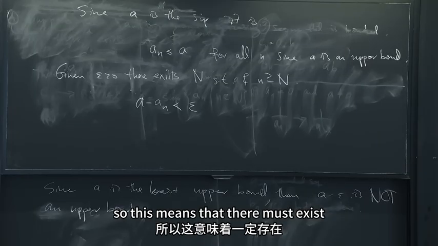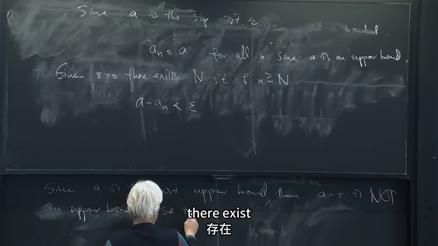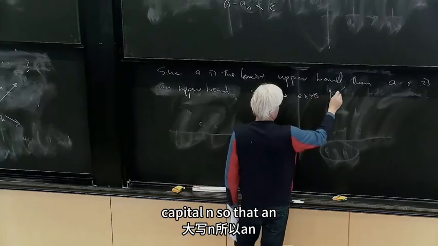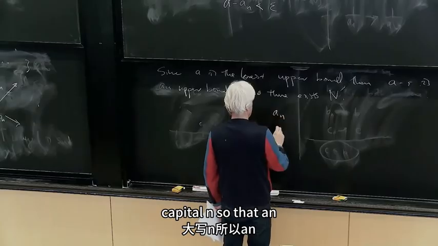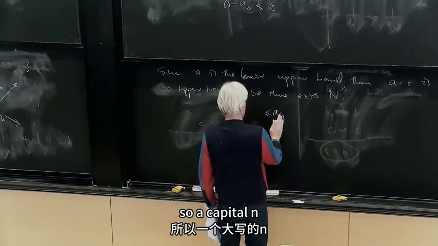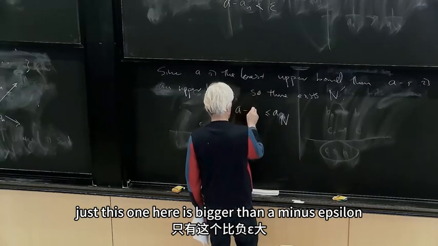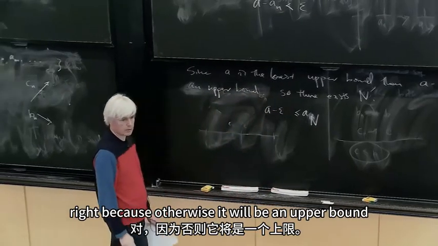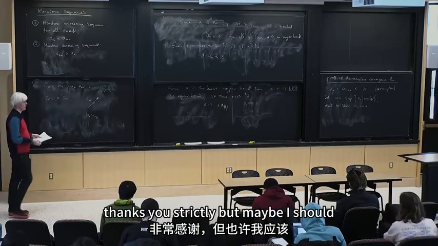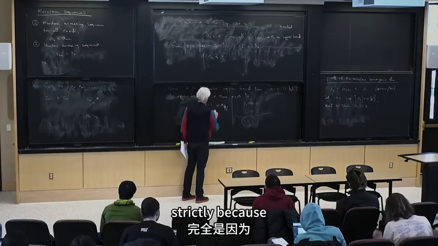So this means that there exists a capital N so that a_N is bigger than A minus epsilon, because otherwise it would have been an upper bound. It's actually strictly bigger, so I should write strictly.